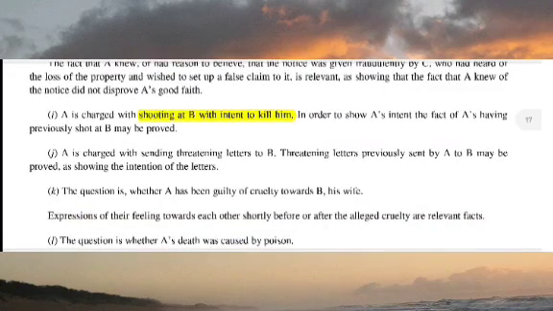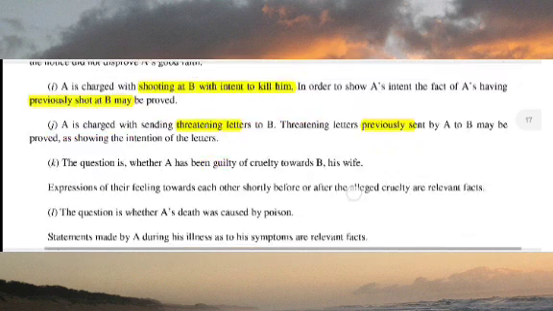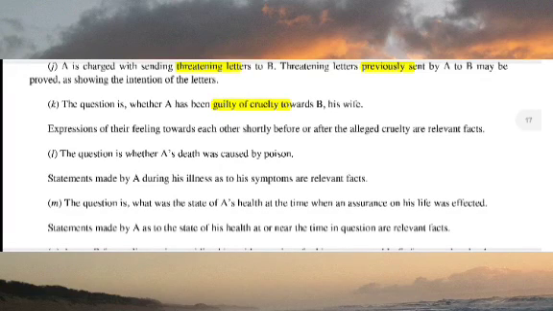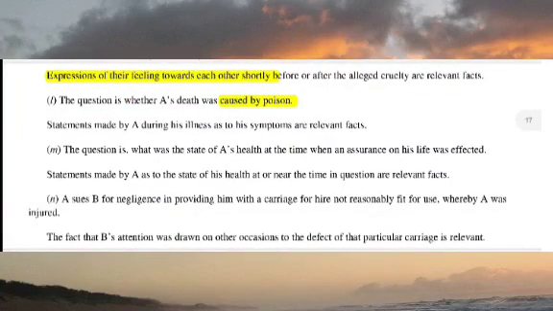Shooting with intention to kill: in order to show an intention to kill, previous shooting may be proved. Sending threatening letters: previously sent letters. Guilty of cruelty: expressions of feeling towards each other are relevant. Death caused by poison: statements made by A during his illness as to his symptoms are relevant.